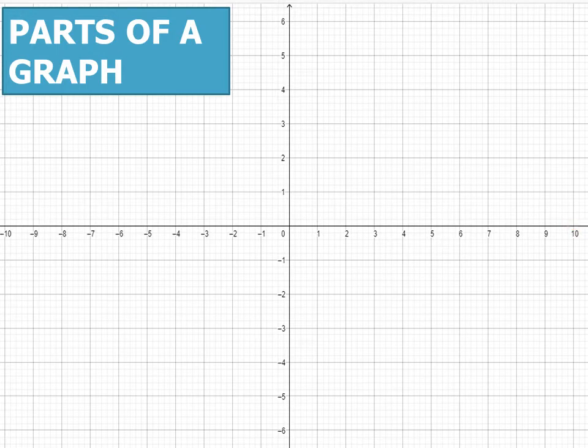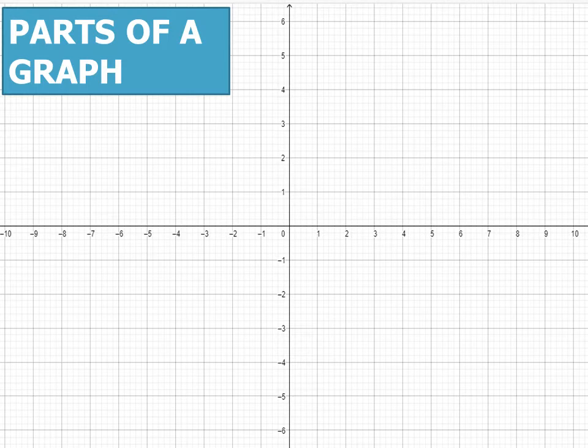Do you notice that there are numbers on each line? Do you notice that the numbers are positive and negative? So the negative numbers look like the same numbers as the positive numbers, it's just that they have a negative sign in front of them.